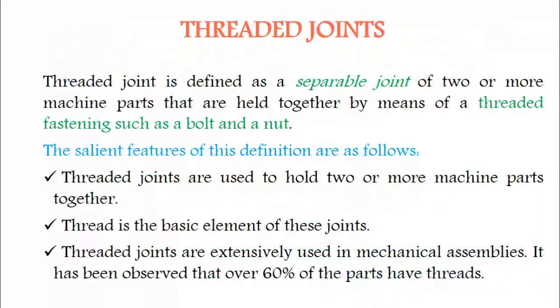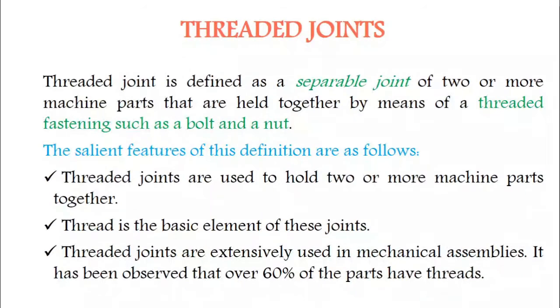First of all, threaded joint. A threaded joint is defined as a separable joint of two or more machine parts that are held together by means of threaded fastening such as a bolt and a nut. The salient features of this definition are as follows.